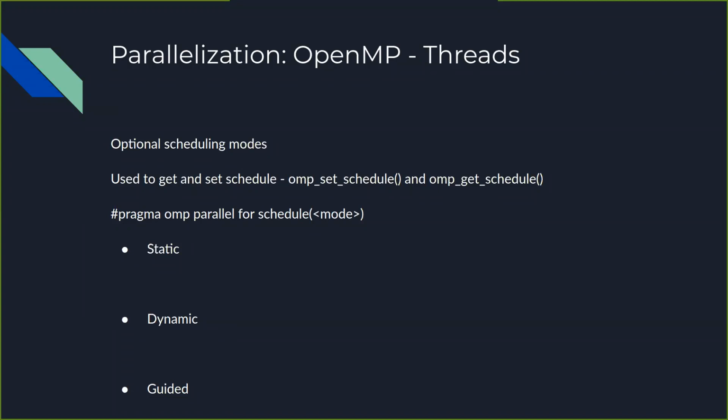And once each thread is done, whatever thread comes first, next chunk of data will be served to that thread. The third is a guided mode. Guided mode is a little smarter. It basically watches which threads, which computations are taking a long time, and then balances the workload accordingly.